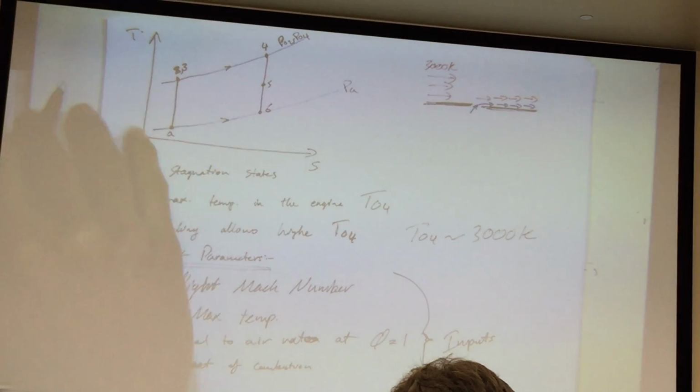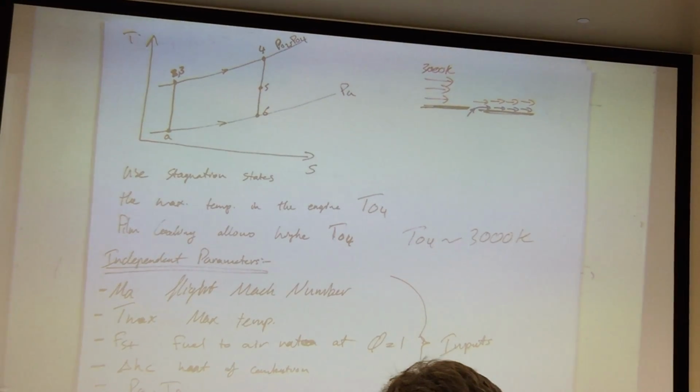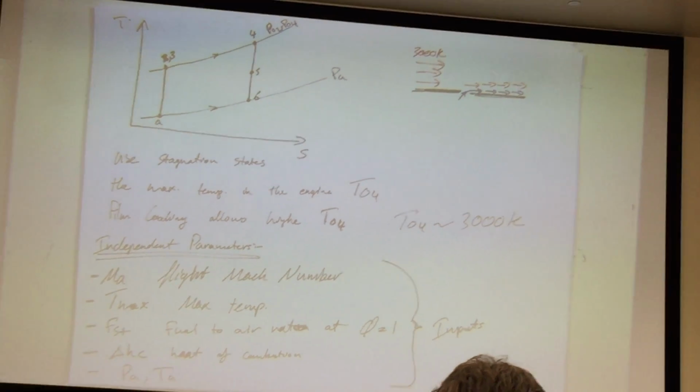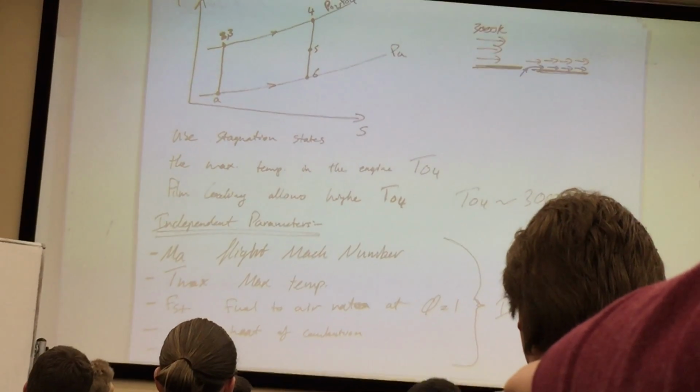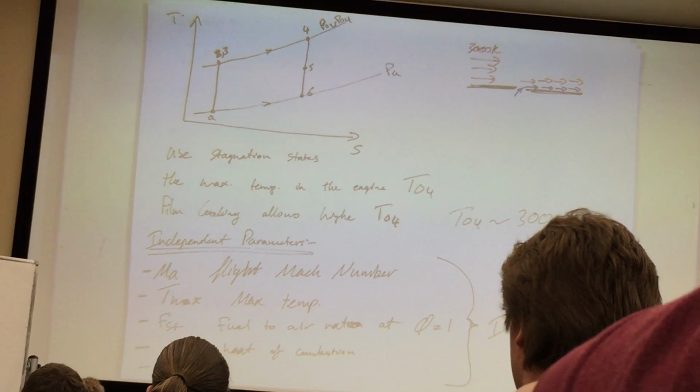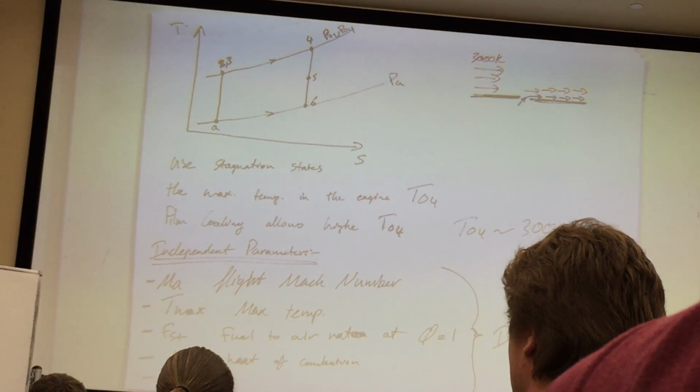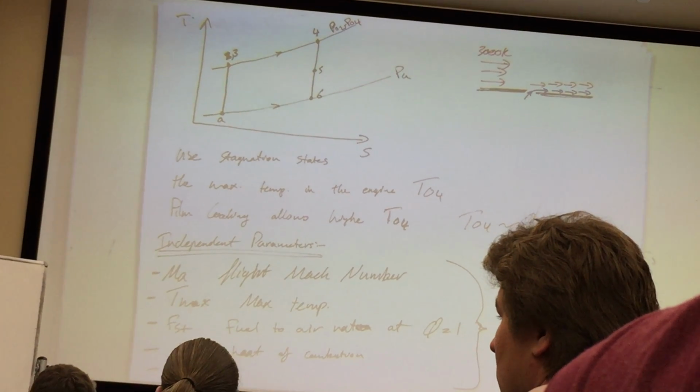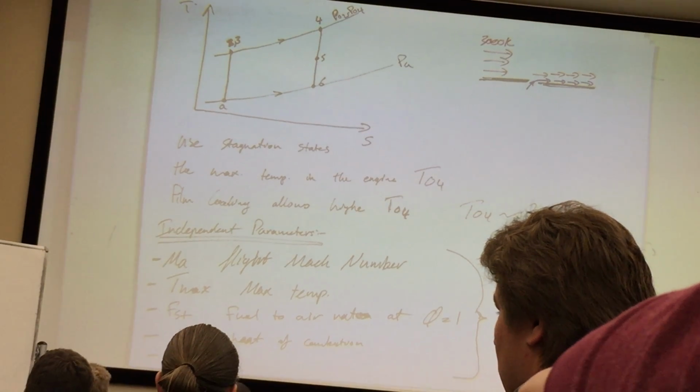There's differences, but for an ideal ramjet, we don't consider drag. We assume homogeneous fuel distribution, which is not really the case. So we're assuming that 2 and 3 are similar.